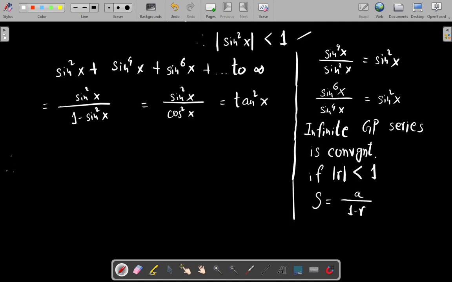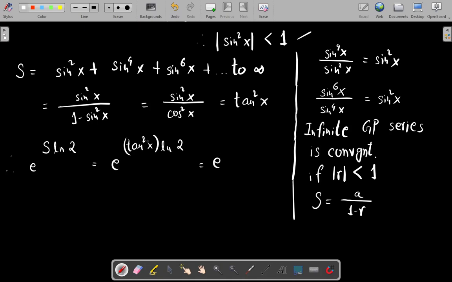Therefore, let this sum be s. Then the expression can be written as e raised to the power s times ln 2. So this becomes e raised to the power tan square x times ln 2.